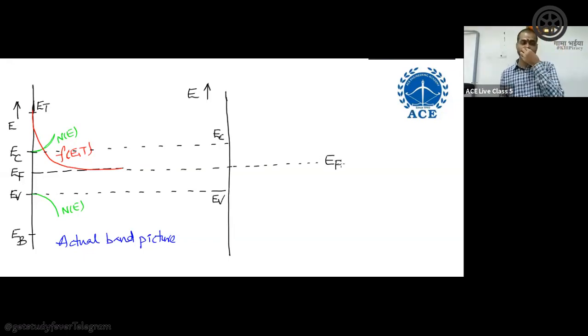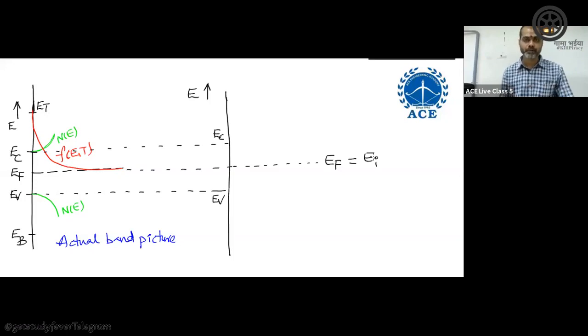Am I correct? You may represent this EF like EI here. What is EI here? The intrinsic Fermi level. Again, these notations may change from textbook to textbook, so please keep it in mind. Here I am taking the Fermi energy level for intrinsic as EI.